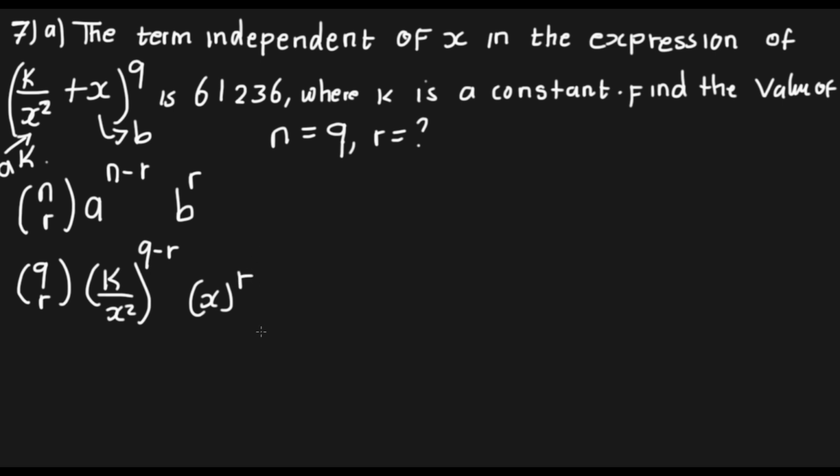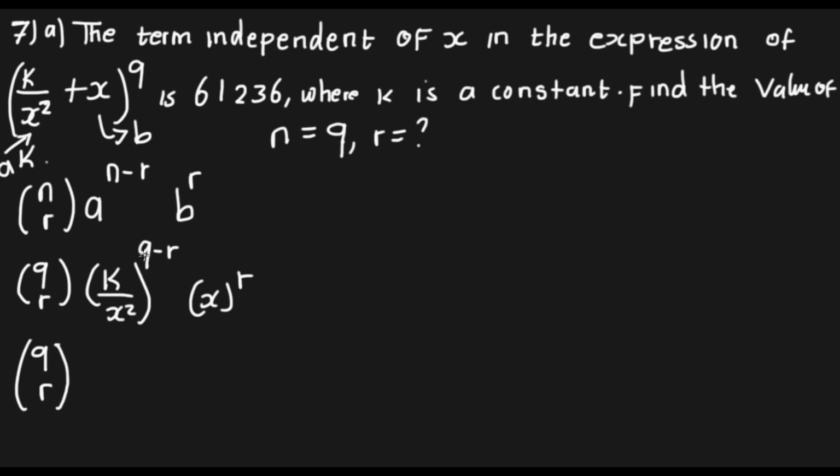Now we need to find ways in which we are going to expand and simplify this. Our target is we need to find the value of r. Then after that, we need to get rid of x so that we are able to find the value of k. Right, so now let's find the value of r. So 9 combine r.